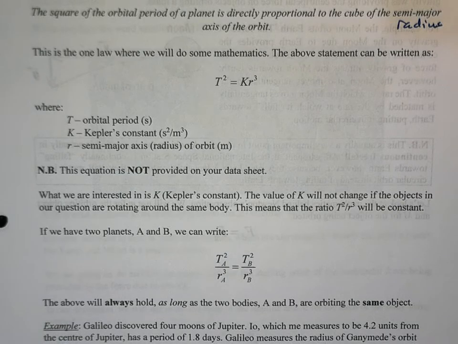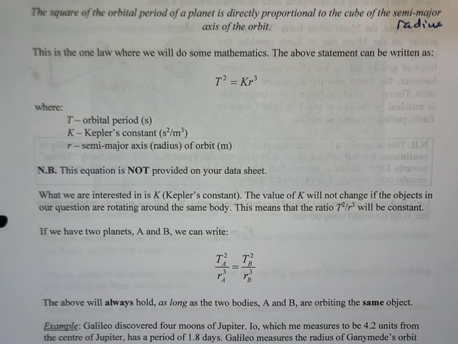What's special about Kepler's constant is that if you have two objects orbiting the same thing, the Kepler's constant for them will be the exact same. For example, all of the planets in our solar system orbiting the Sun will have the same Kepler's constant because they're all orbiting the same object.